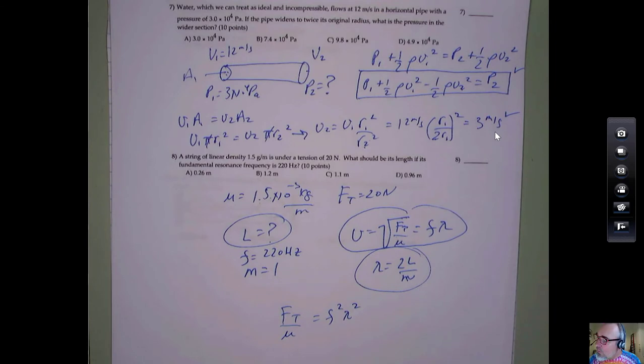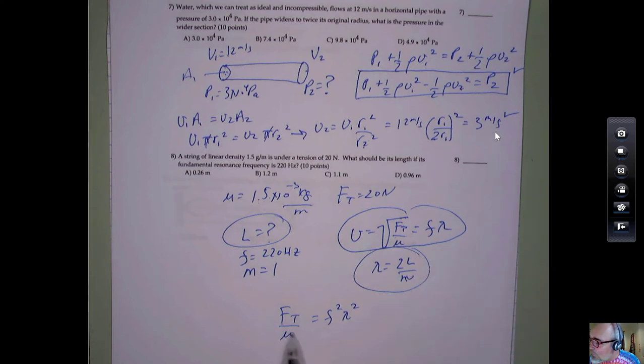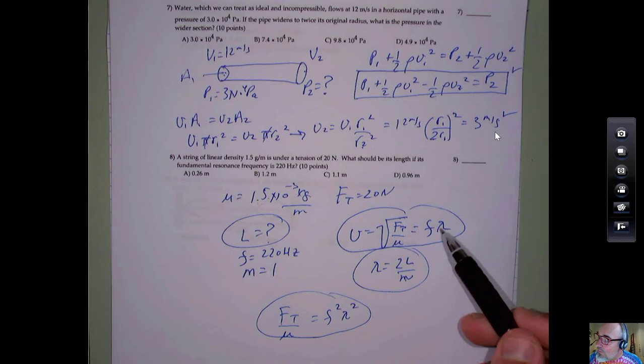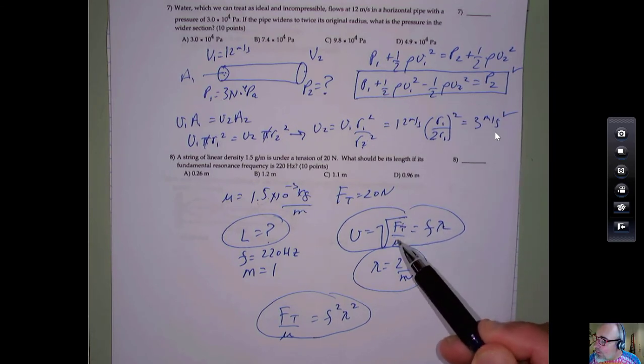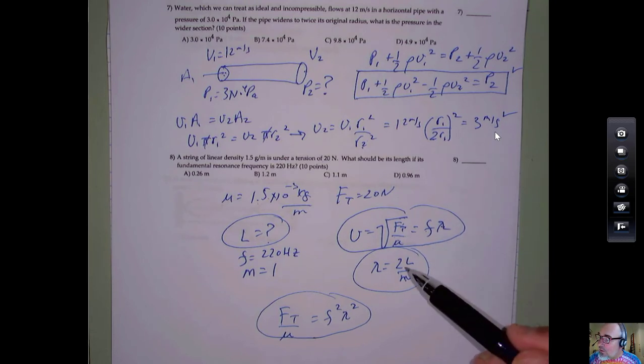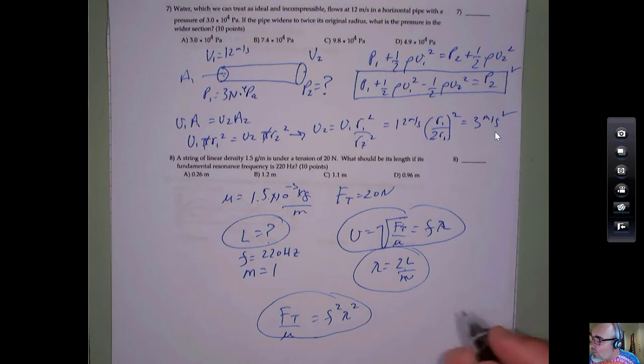So I can solve for the wavelength. Maybe I didn't even need to square it, actually. This is perfectly good. If you have this on your formula sheet, that would be fine. If I can get the wavelength, which I can, because I know the tension, the mass per length, and the frequency, then I can use this equation to get the length.